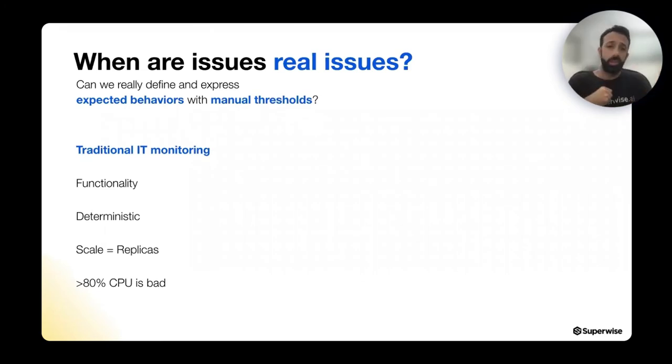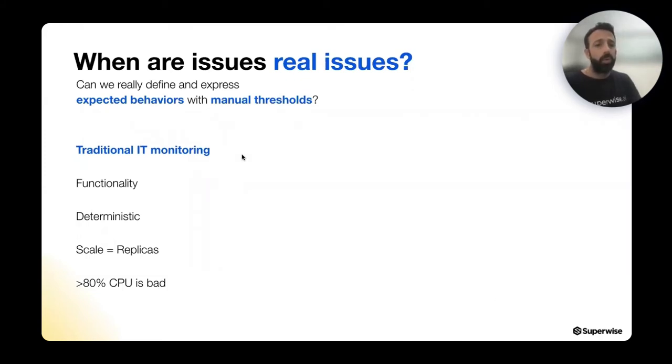When a user does this, this should happen. It's all deterministic. You know what should happen and what shouldn't. And if something that shouldn't happen happened, you know that you need to fix it. For example, 80% CPU is bad, and then you need to scale up. Scale up means just to replicate the service.